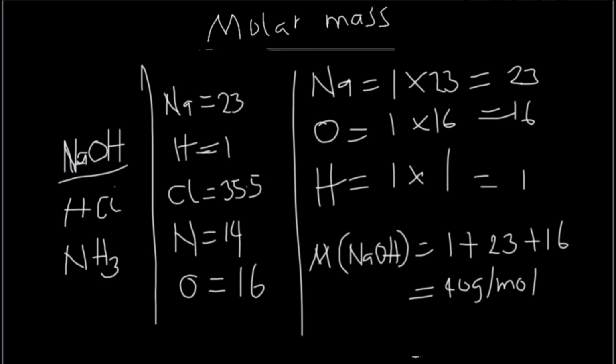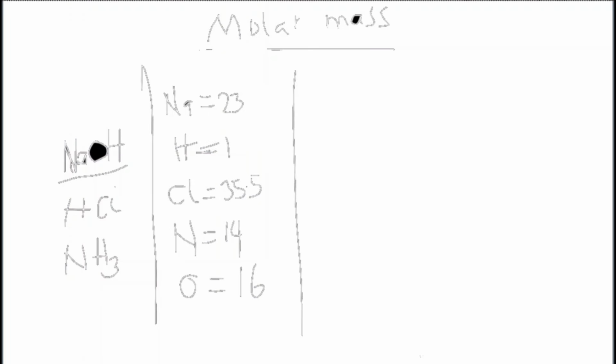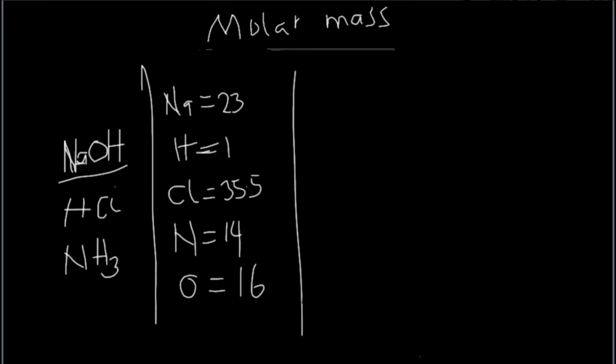All right. So you can try your hands on HCl and NH3. Okay. So let's solve for HCl. H and Cl. So how many H do we have in HCl? We have 1. How many chlorines? We have 1. Then we multiply by their relative atomic mass.